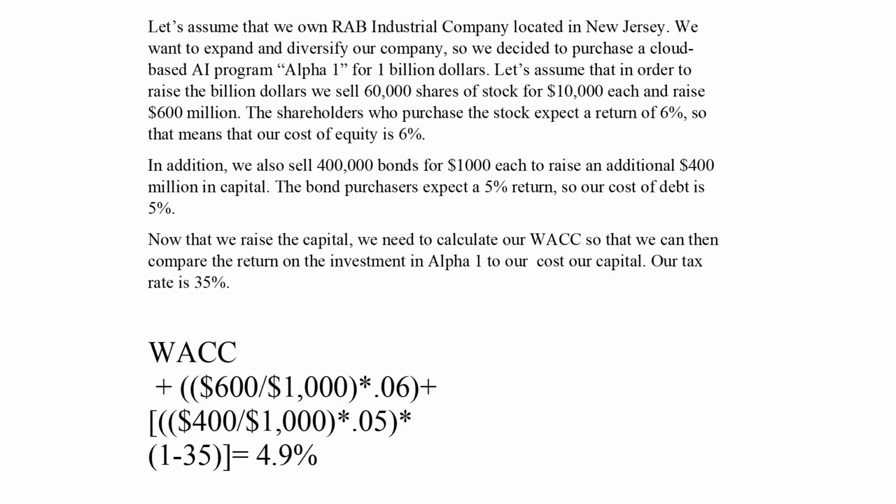Now, debt has a little bit more complicated calculation because obviously, as a company, when we pay someone interest expense, we could write that off. So we get a subsidy from the government, because if I give someone $1,000, I have a $1,000 expense on my profit and loss statement, but I don't have to pay taxes on it because that's an expense. It reduces my taxable income. So basically, the government is subsidizing our loan.